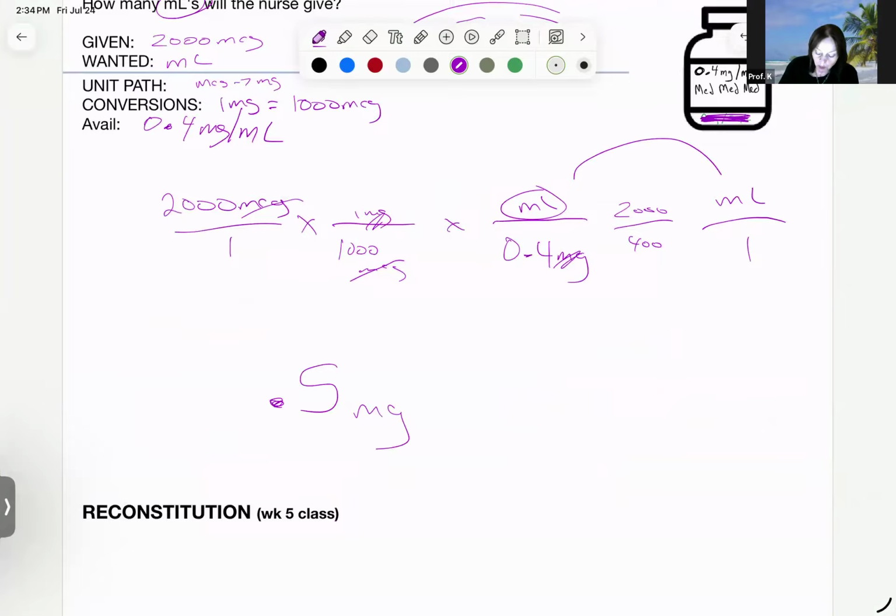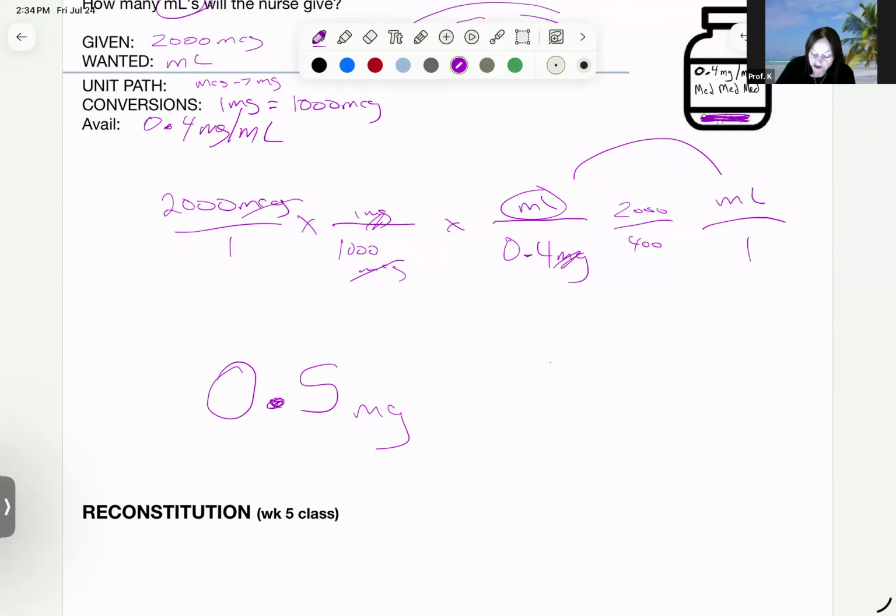So let's say he said give 0.5 milligrams or 0.5 milliliters, but I gave 5 milligrams or 5 milliliters. I could potentially kill the patient. So we put a 0 before the decimal so we don't misread it as 5.